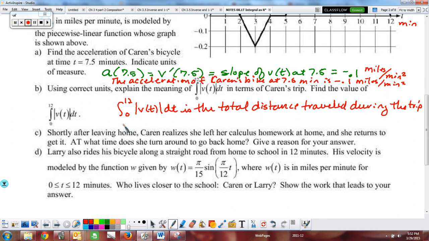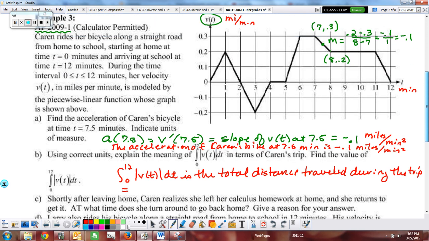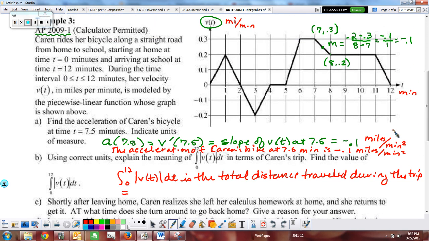Okay? And then they want you to find a value for it. So thinking of our total distance traveled during the trip, that's where we actually take all of these areas and add up all the positive areas. Now, the nice thing about the AP is they will read the chart. So if you come up here and do each of the areas, just to do your work up here, this area would equal 1/2 times 2 times the height of 0.2.